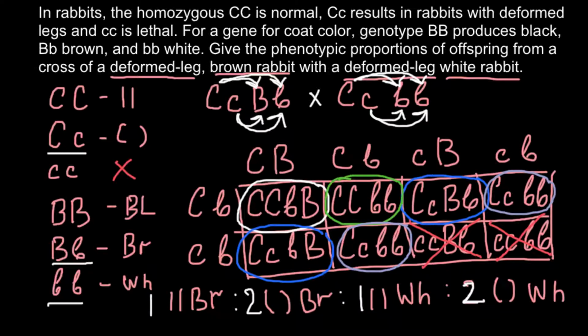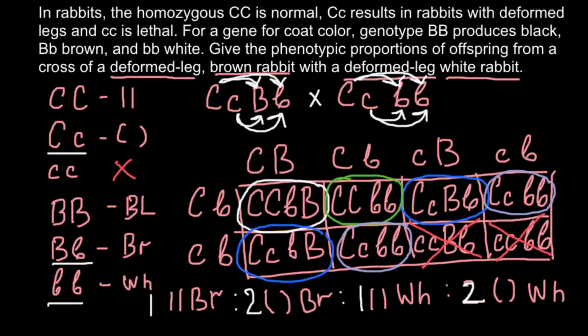So this is going to be a square that is 4 by 2. And as you see, not all the genotypes means different phenotypes, so some genotypes here would repeat, and this is how we get these phenotypic ratios.